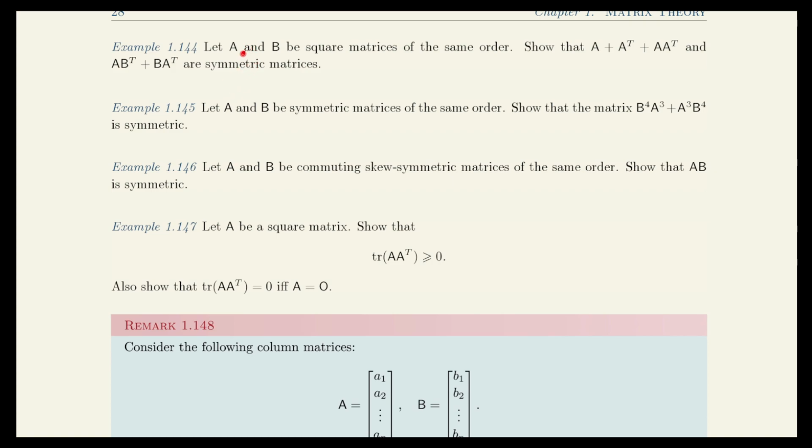I take this A and make this combination. I want to prove that this combination is always a symmetric matrix, regardless of whether A is or not. So let me solve this one, and then I will wait for you to solve that one.